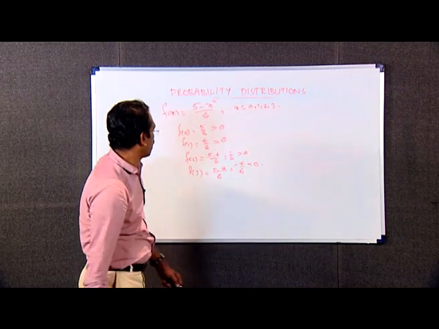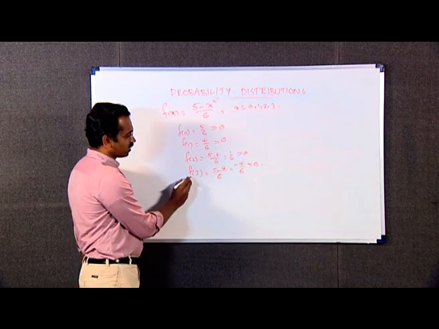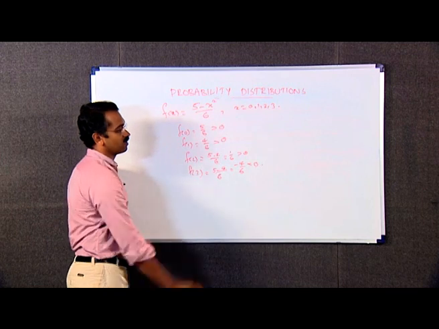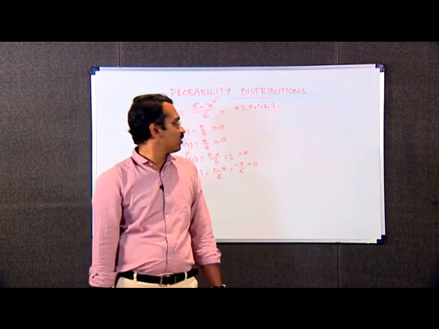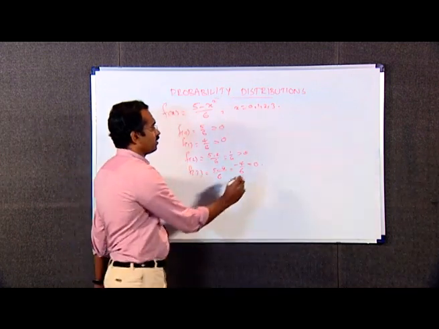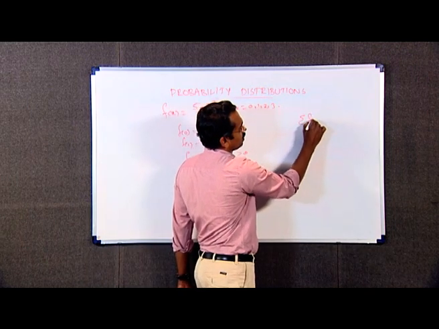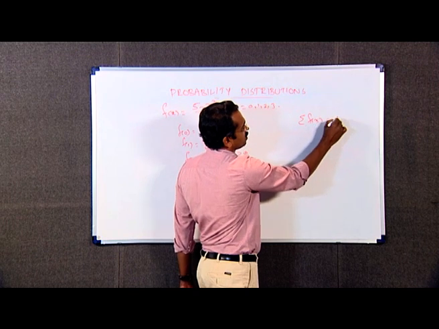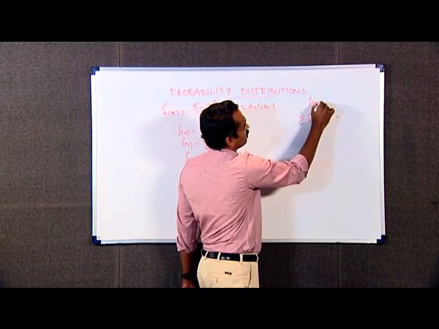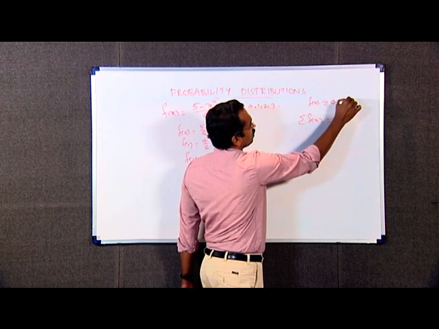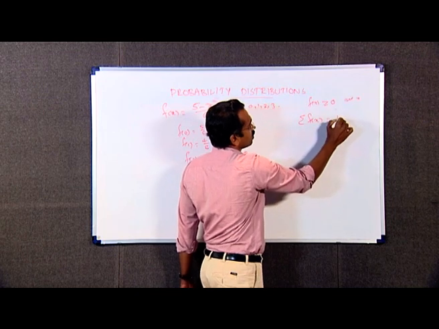That means, if we put x equal to 3, the corresponding function value is less than 0, which violates the first condition of the above stated theorem. That is, sigma f of x equal to 1 and f of x is greater than or equal to 0 for all values of x.